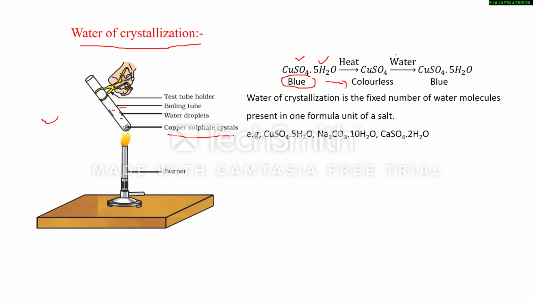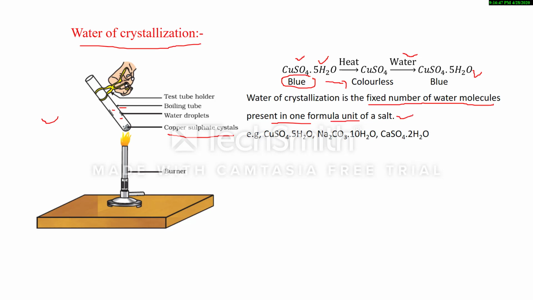Now again, if we add some drops of water to this colorless copper sulfate, the blue color of copper sulfate is regained. Now we can easily define the meaning of water of crystallization. It is the fixed number of water molecules present in one formula unit of a salt.